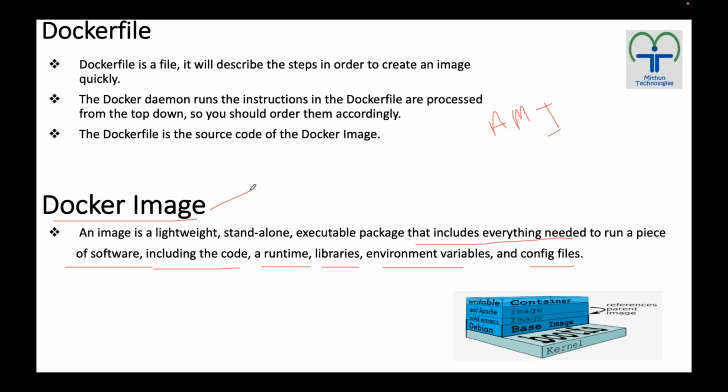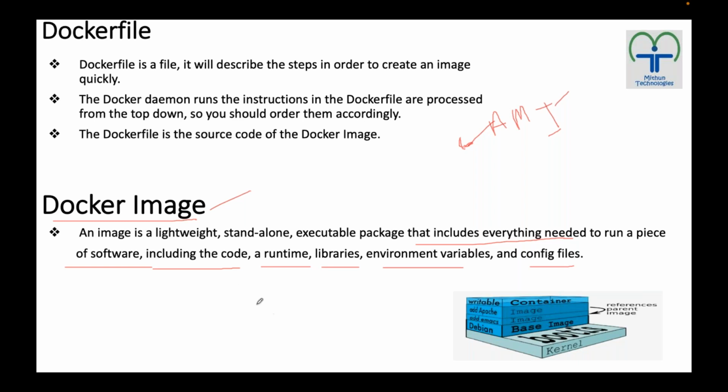A Docker image is different from an AMI. I am just using these two to relate. Using a Docker image, can I create EC2 instances, servers? No. Using an AMI, can I create containers? No. Both are two different things.